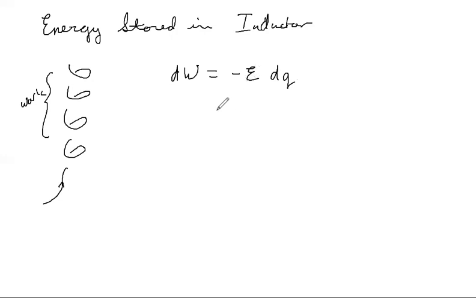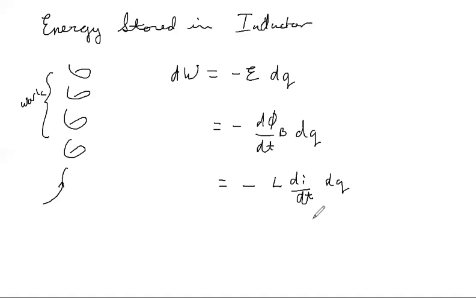On the other hand, the EMF can be written as the rate of change of magnetic flux, which can be written as minus L times di/dt, times dq.